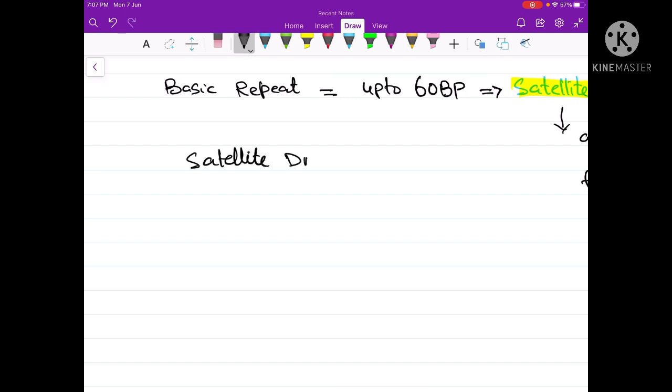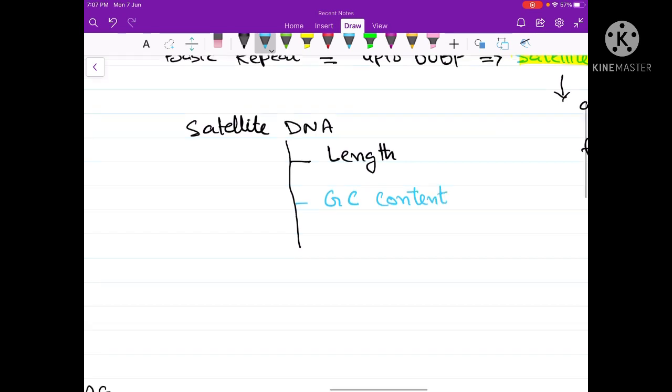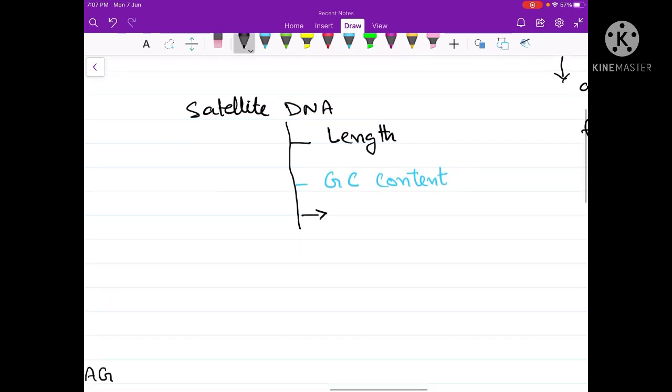Now satellite DNAs are further classified into several categories depending upon, number 1, the length of the sequence, the GC content of the satellite DNA, as well as the number of basic repeats.